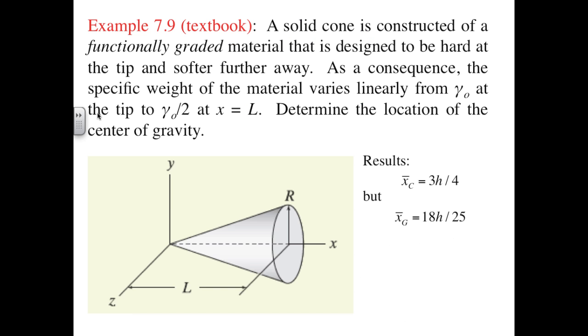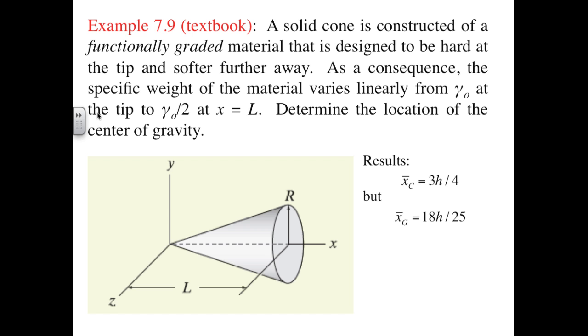A second application, where there is a distinction between center of shape and center of mass, is shown here. Materials are not required to be homogeneous, that is, they are not required to have constant mass density. If an object has a gradient in its mass density, its center of shape and center of mass will not be the same. An excellent example of this is shown in example 7.9 in your textbook.